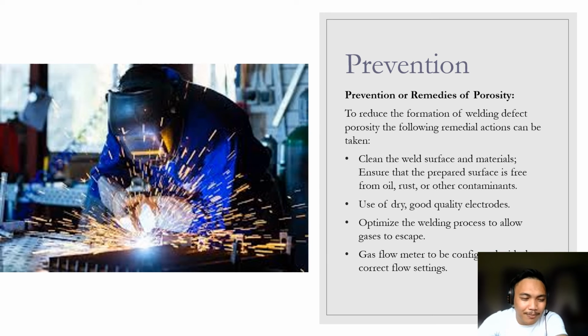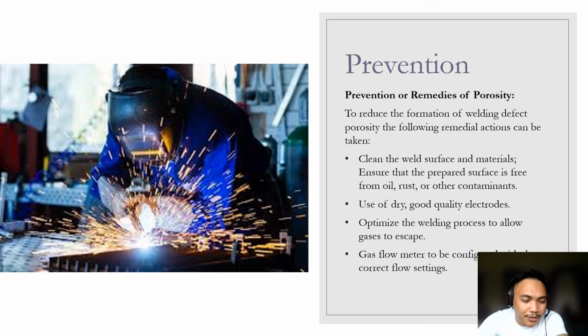Prevention. Prevention or remedies of porosity: to reduce the formation of welding defect porosity, the following remedial actions can be taken. First, clean the weld surface and materials. Ensure that the prepared surface is free from oil, rust, or other contaminants.